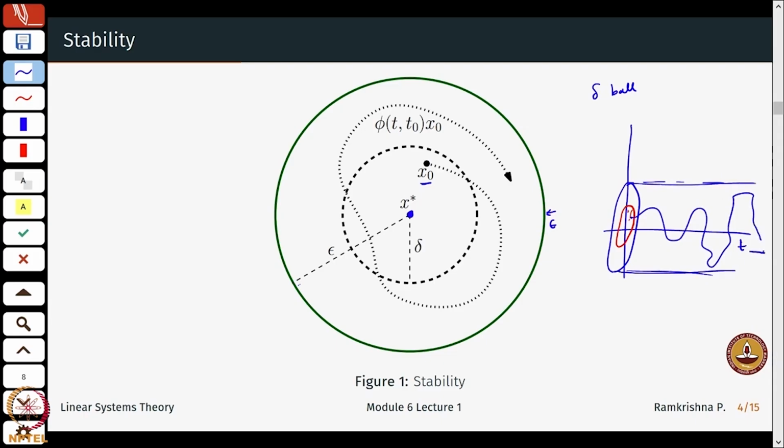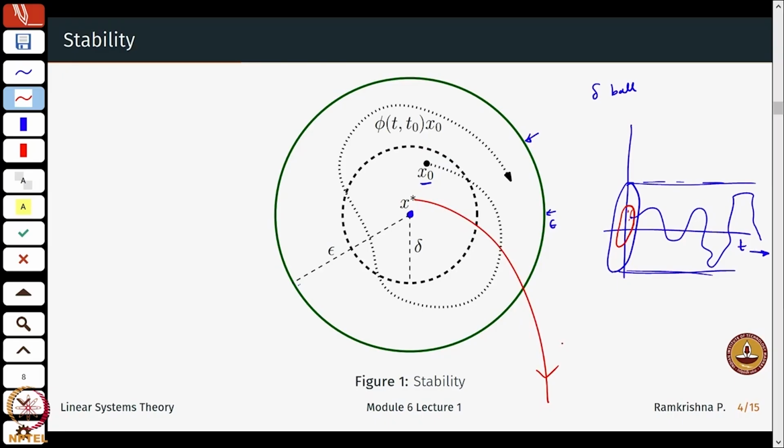So, it will just move along the cylinder. Here I am actually even adding the time axis. If I tilt it, these solutions will just move along this cylinder, which is represented in green. Essentially it means that the solutions do not go unbounded. For example, if I started at an initial condition here and it just keeps going this way, this is an unbounded solution, and this is an unstable behavior.